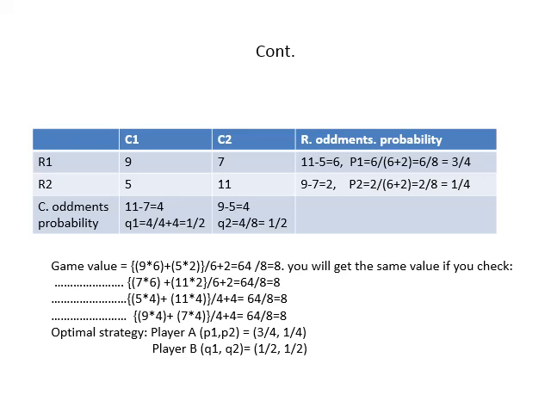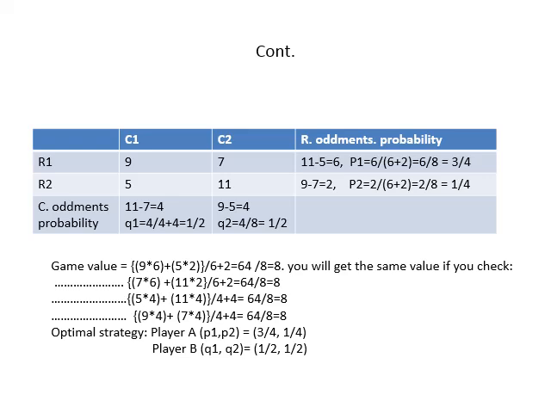Okay. 9 times 6 equals 54. 5 times 2 equals 10. 54 plus 10 equals 64, divided by 6 plus 2. 6 plus 2 equals 8. That means 64 over 8 equals 8.